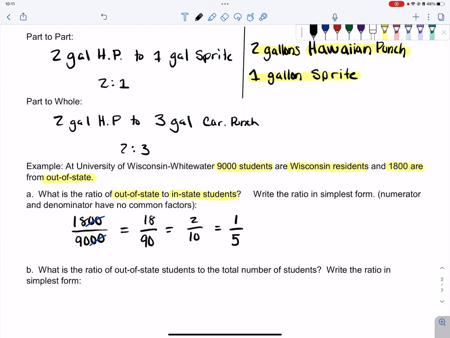So now this means that there is 1 out-of-state student to every 5 in-state students. And this is what we would consider part to part because I'm comparing one type of student to another type of student.